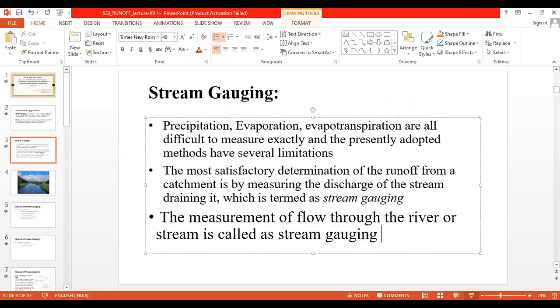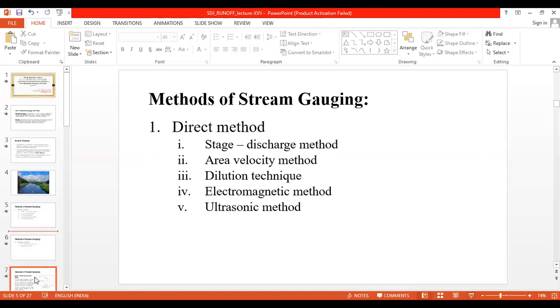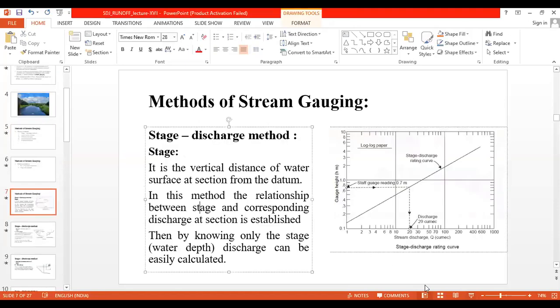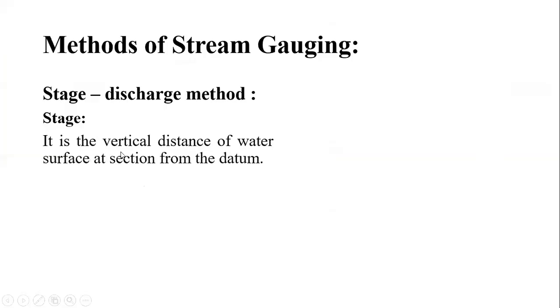Okay, so where were we, just a minute. Yes, we were discussing the stage discharge method. Stage is nothing but the vertical distance of the water surface at a section from the datum. That datum may be the mean sea level, the channel bottom, the river bed, or an arbitrary datum which we have considered.